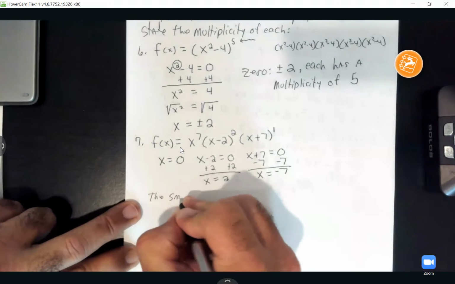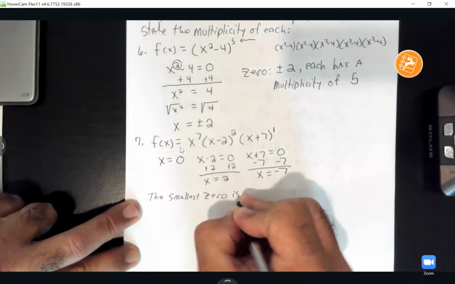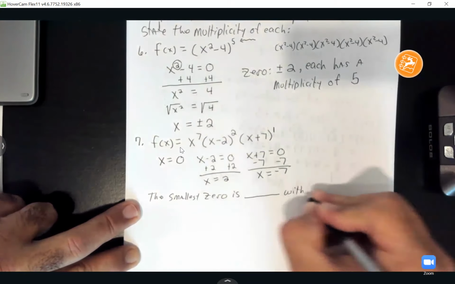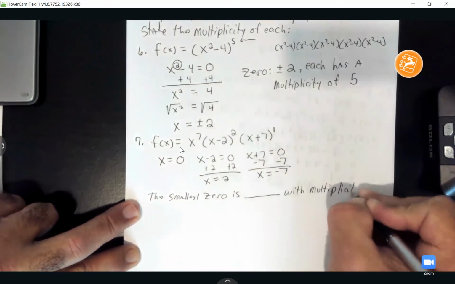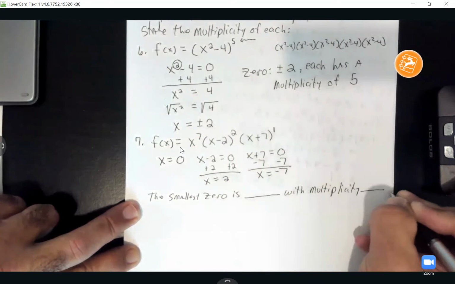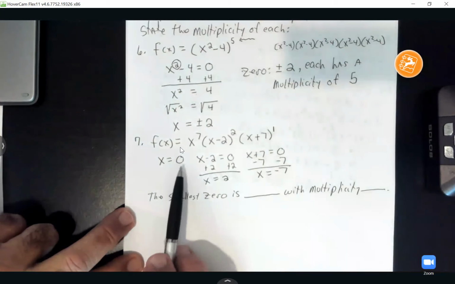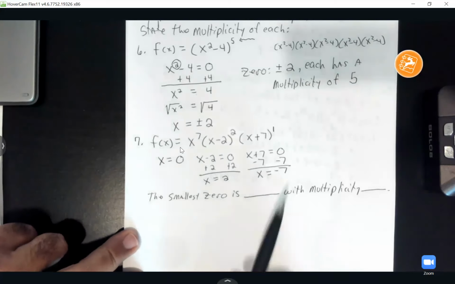The smallest zero is blank with multiplicity blank. So y'all, I got a 0 for a zero, a 2 for a zero, and a -7 for a zero.